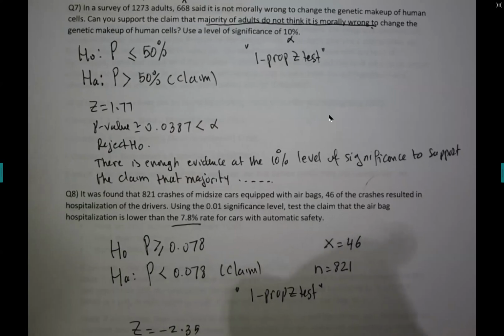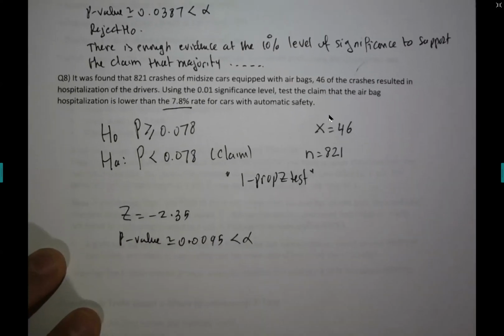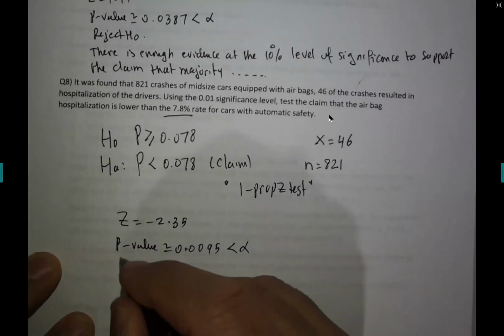You should agree with me, this is a very small p-value. P-value low, H0 must go, so we reject H0.